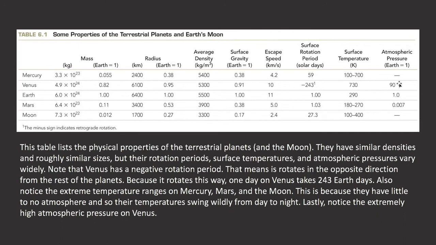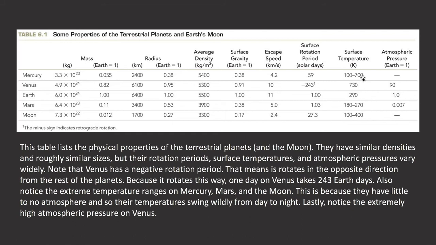Venus has 90 times the atmospheric pressure that we do and a uniform temperature of 730 Kelvin. On Earth, we have slight fluctuations in temperature, but on average, it floats around 290 Kelvin. Mars has a small atmosphere, but doesn't retain a ton of heat, and so it has pretty wild swings in temperature.